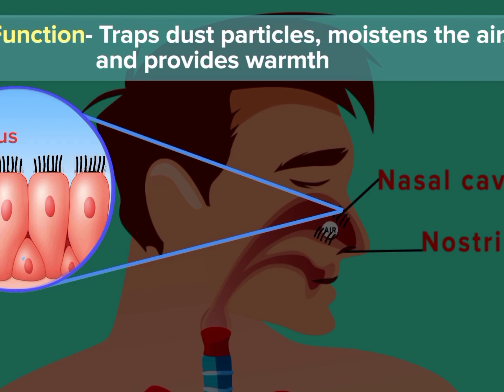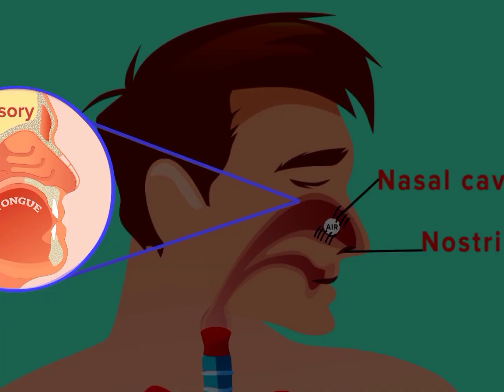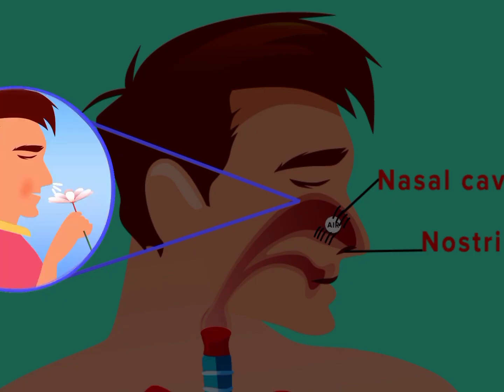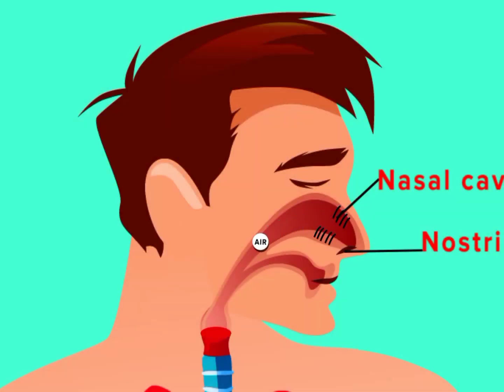Also, it provides warmth and adds moisture to the air. The nasal cavity has specialized sensory cells that are sensitive to smell and odor. And yes, that is the reason why our nose is a sense organ.